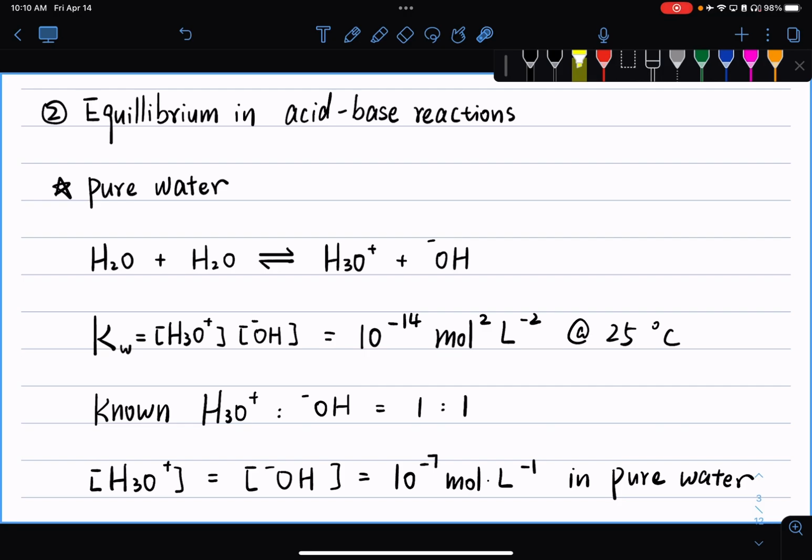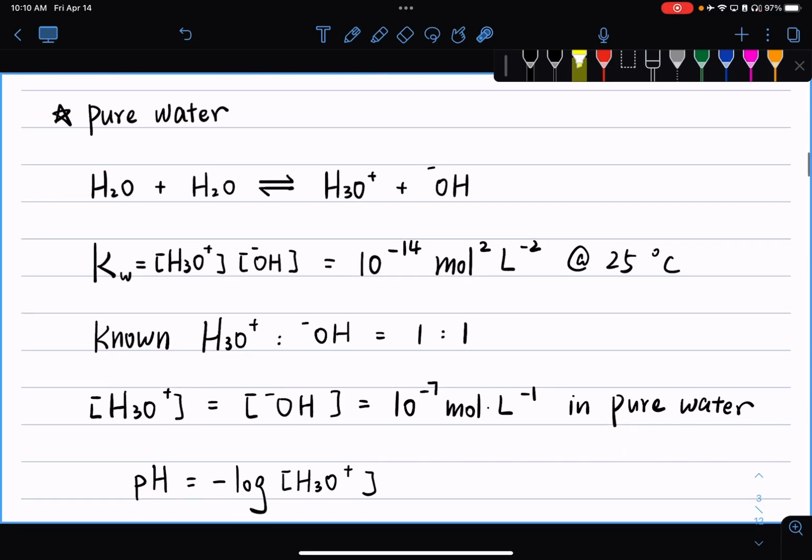Before we jump into the actual acid-base reaction, let's just look at pure water. Imagine that you have two water molecules, and then in some condition, you end up forming H3O plus and OH minus. So in this case, water is acting as both an acid and also a base. H3O plus is the conjugate acid of water.